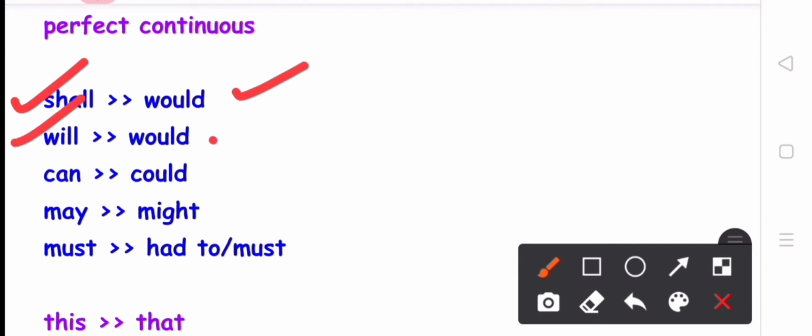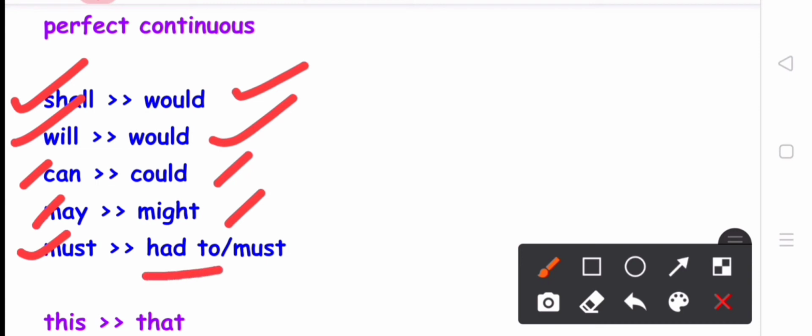Then will to would, can to could, may to might, and one important thing, must. If we find must, we change it to had to. But if must means something mandatory or obligatory, then we will write must; it will remain unchanged.